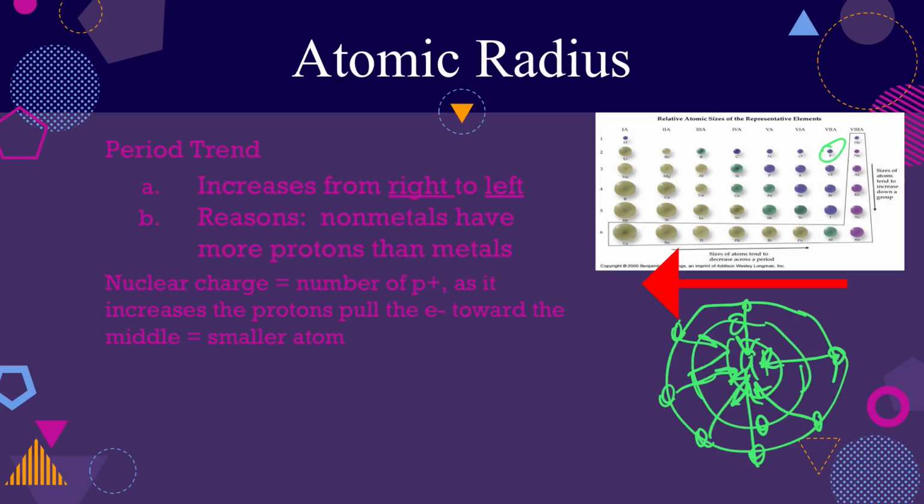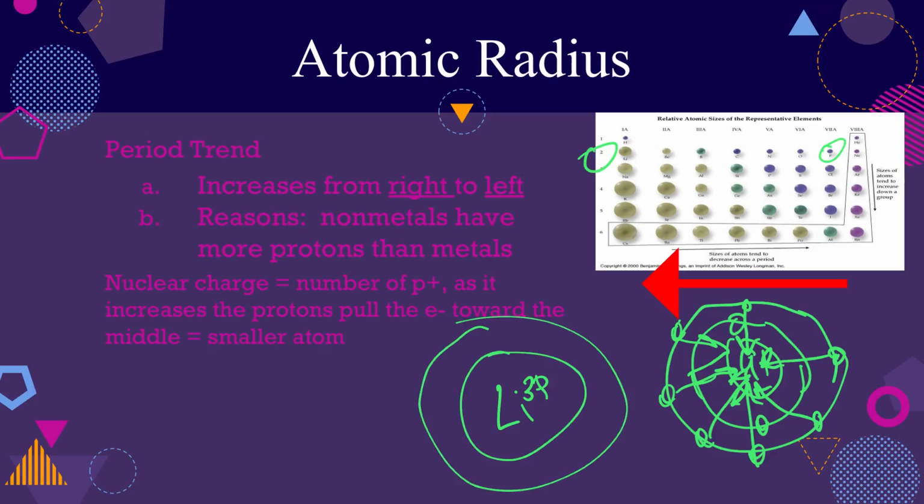If we look at lithium, which is in the same period 2 as fluorine, lithium has 3 protons. It has the same number of orbitals as fluorine, but it only has 3 electrons orbiting it. This charge is going to be a lot less, so it's going to be a greater distance because there's not as big of a pull.